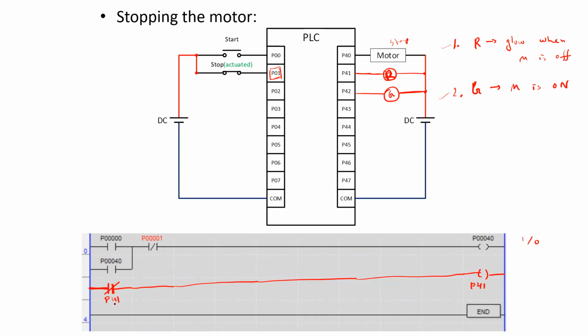When the motor is off, okay. But when the motor is on, the red LED is supposed to stop and the green LED is supposed to start glowing, right? So how would you stop the red LED and start the green LED?